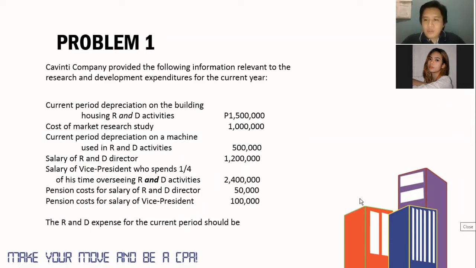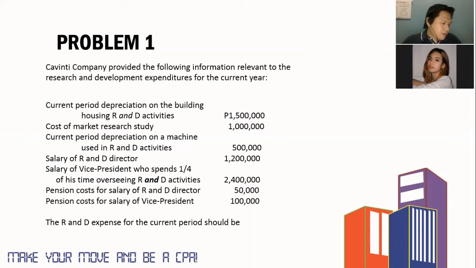Now, if you're going to look at this problem, the most effective way to answer this is like include or exclude. Okay, since we are being asked of the total expense that we are going to recognize for the period, only those items that relate to research and development will be considered.